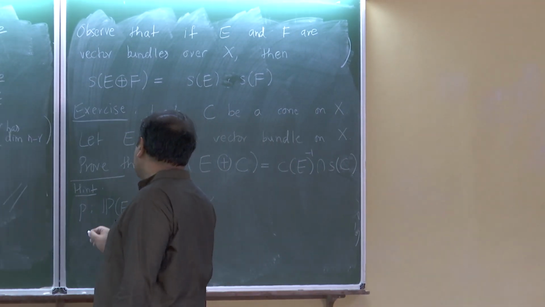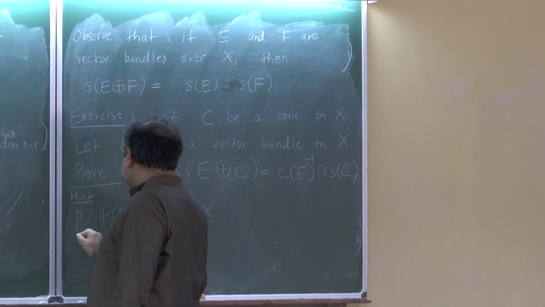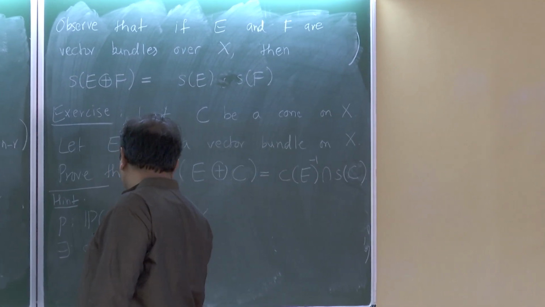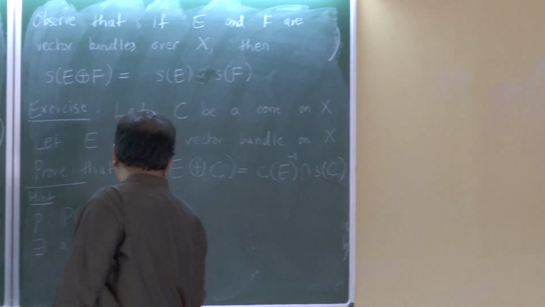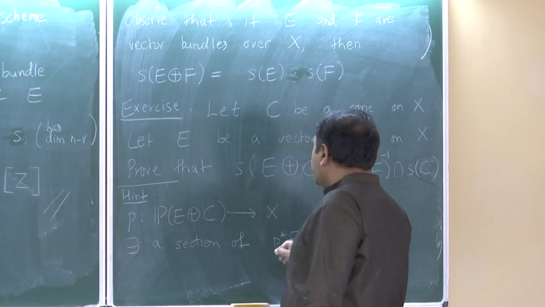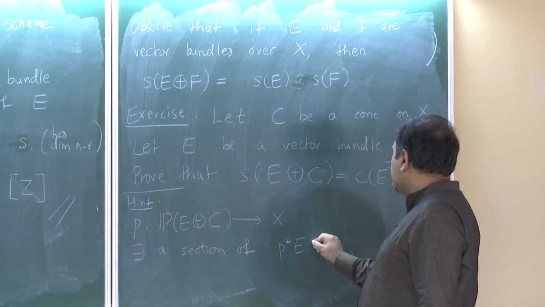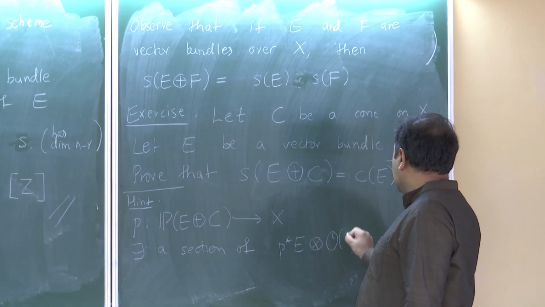What Fulton says without much comment is that there exists a section of p upper star E, so you pull back E to this projective cone and tensor it with O(1).